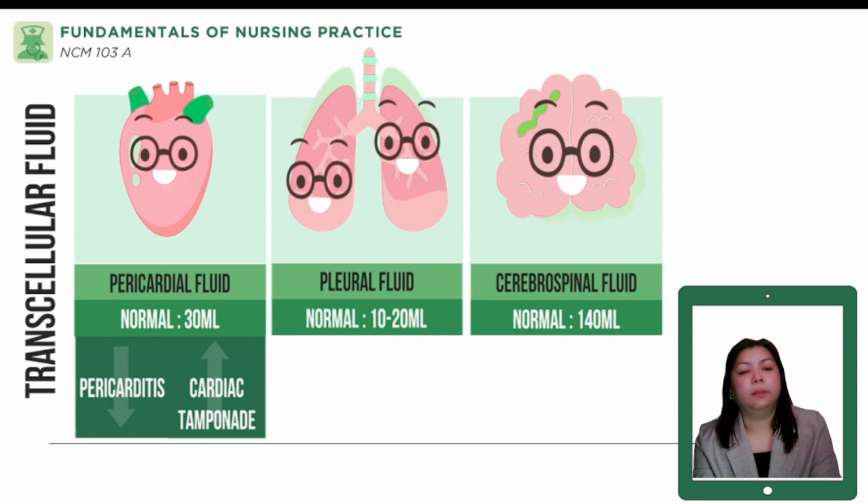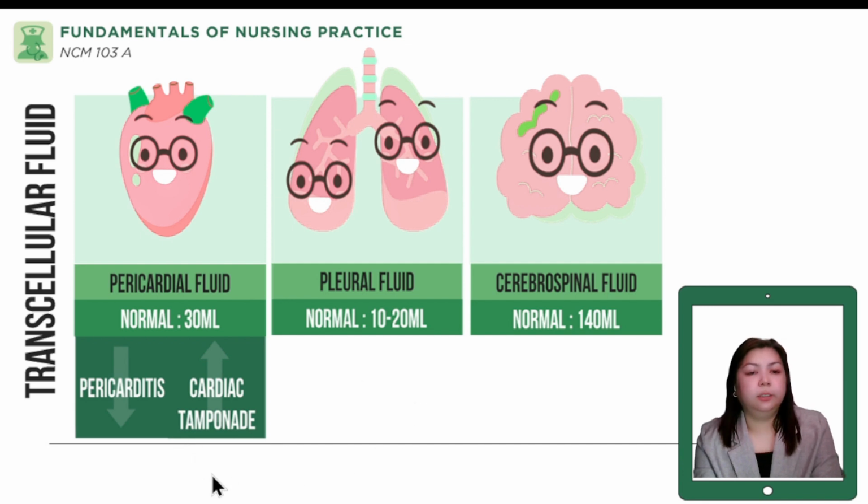Now if there is an increase in your pericardial fluid, a condition called cardiac tamponade is the diagnosis. It is a medical emergency that takes place when there is an abnormal amount of fluid accumulation in the pericardial sac, making your heart compressed, leading to a decrease in your cardiac output and eventually shock.